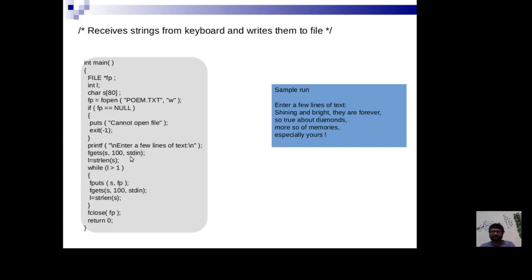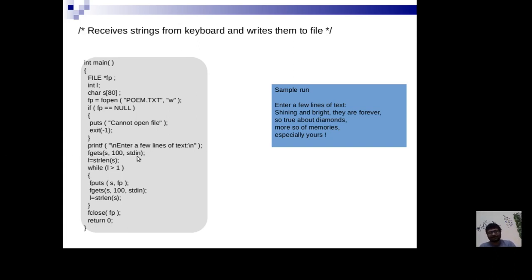Now recall from our discussion a while back that fgets reads a string, a sequence of characters along with the terminating new line. So the user will enter a line and then press the enter key on the keyboard, which will introduce a new line character that will be picked up by the fgets function.